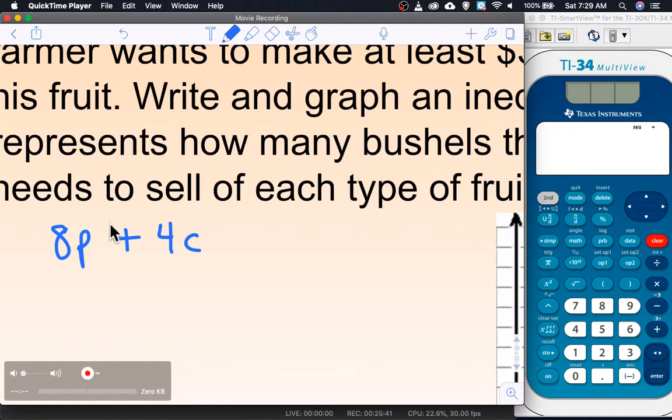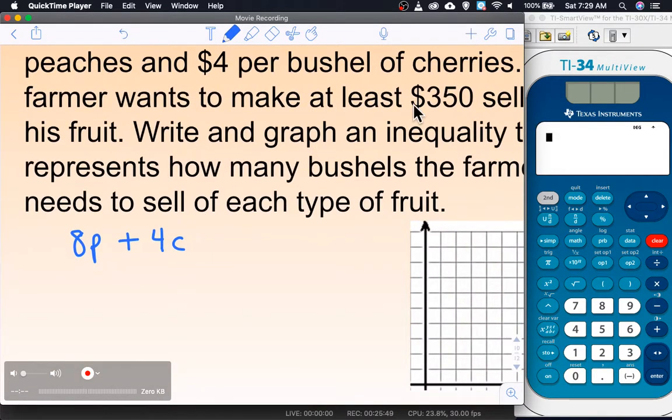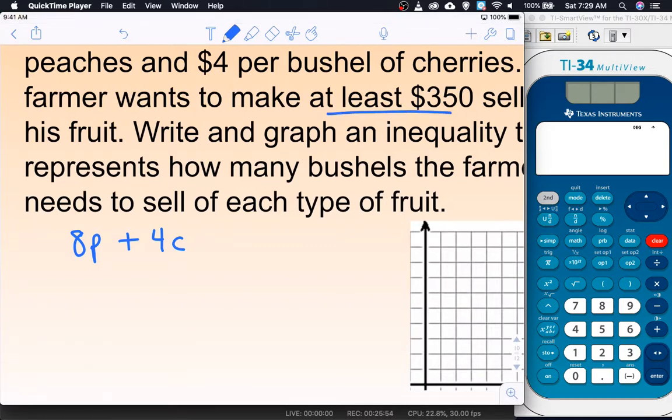So this is how much money he's making: $8 per basket of peaches, $4 per basket of cherries, and he wants that money to be at least $350. At least $350 would be greater than or equal to $350.